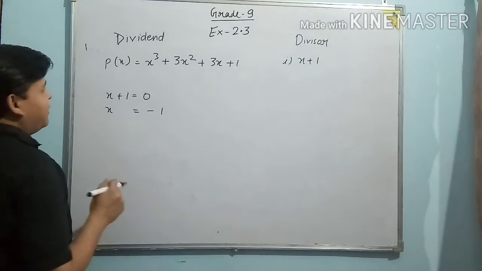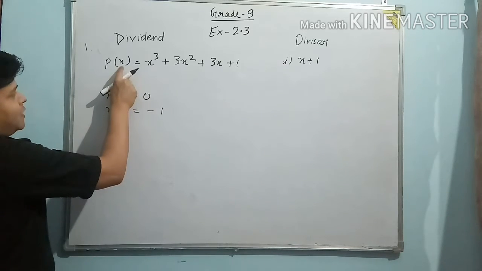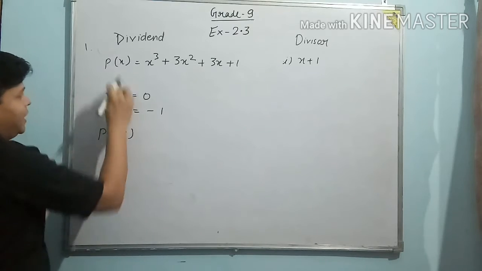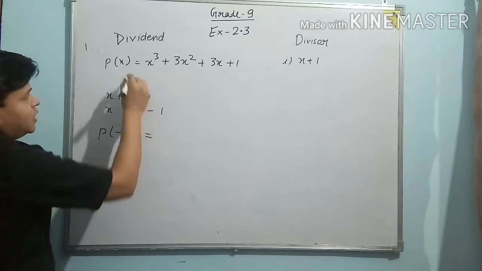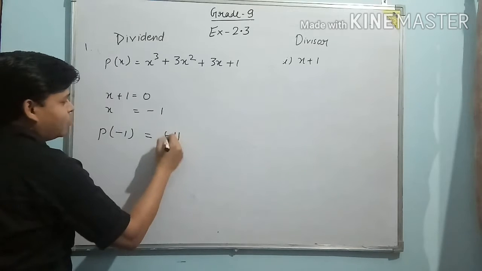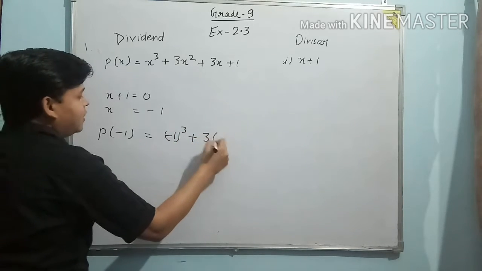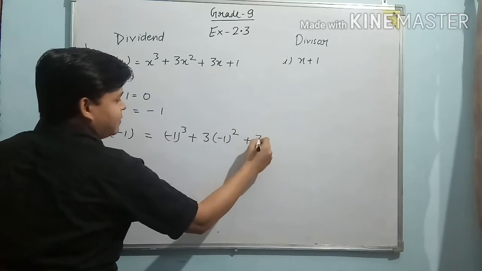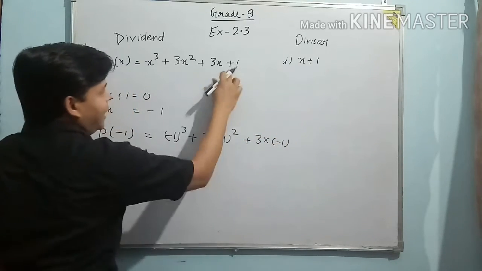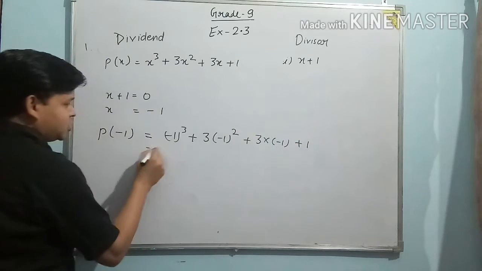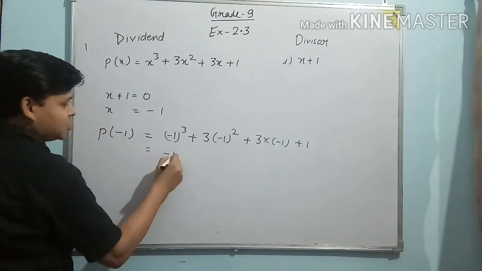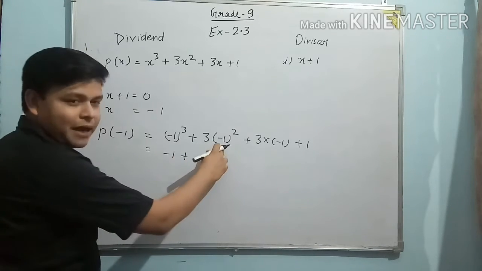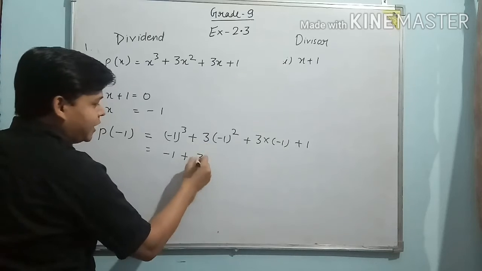So by using the remainder theorem, what do you do? In place of this x, we put here minus 1. So in place of x, I put here minus 1. From here, in place of x, once again minus 1: minus 1 cube plus 3 into minus 1 square plus 3 into x, that means 3 into minus 1, and plus 1. So let us solve this. This will be minus 1 plus, square of minus 1 will be only 1 and 1 into 3 we will get here 3.